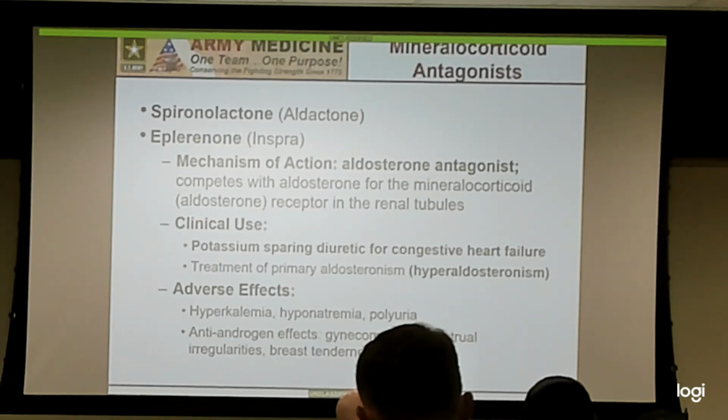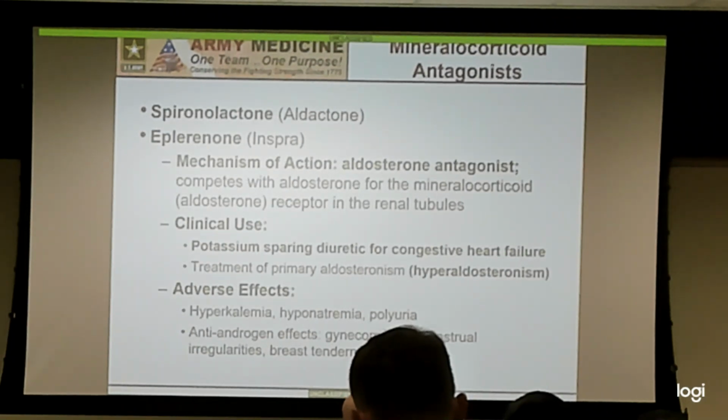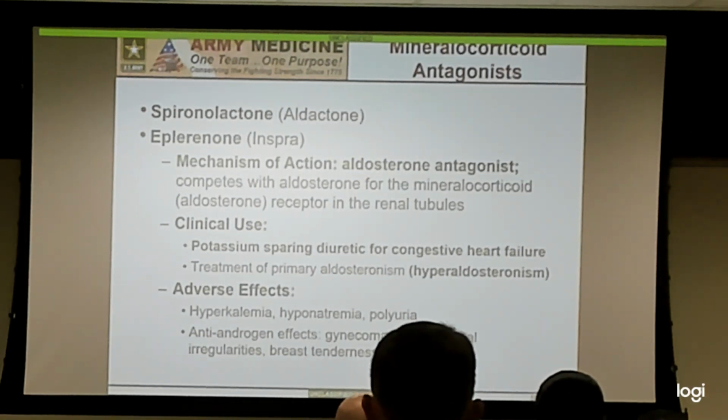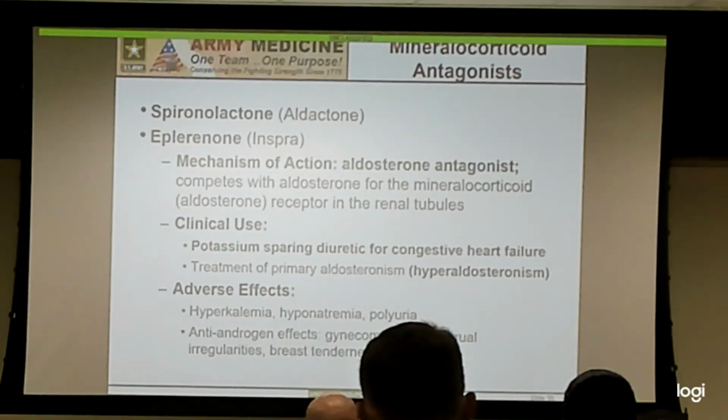Spironolactone is a very big medication that is used in derm a lot. Eplerenone is not really used often, but it is there. Most of the time, you are probably going to be prescribing spironolactone. Aldosterone antagonists compete for that receptor in the renal tubules, like, I'm here first, you missed out.